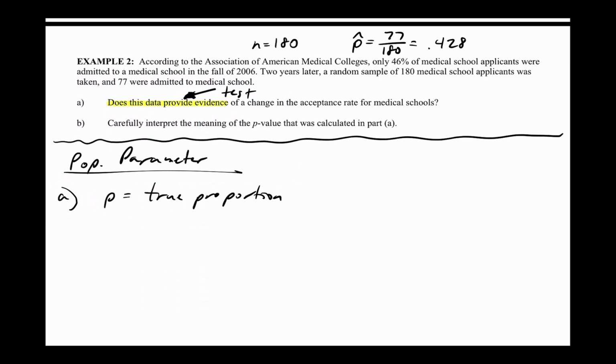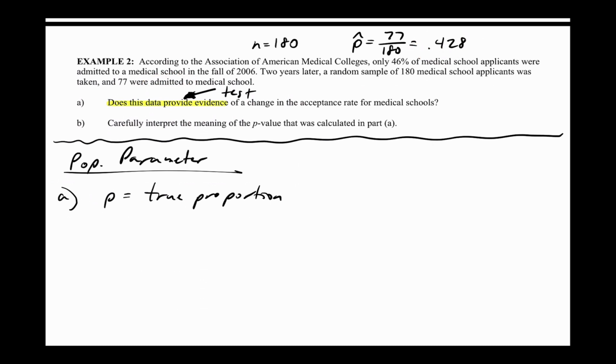Okay, so the true proportion. We have p hat. P hat is this number, and that refers to the sample proportion, right? P is going to refer to the true proportion of who, though? The sample proportion is the 180 randomly sampled medical school applicants that were admitted.